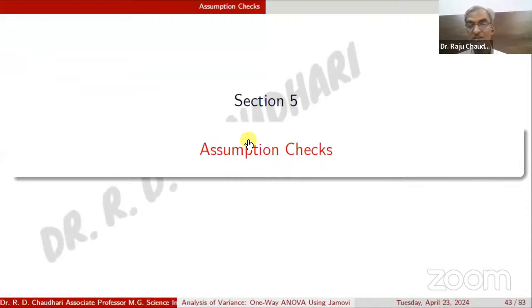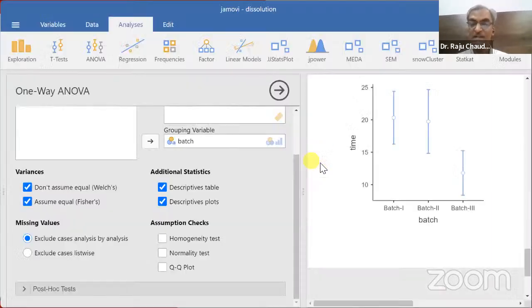Now the next part is assumption check, right? This type of assumption check is not there in SPSS, so we have to do it separately. Here it comes under the analysis of variance menu itself. So what are the assumptions? Homogeneity of the variances, right?